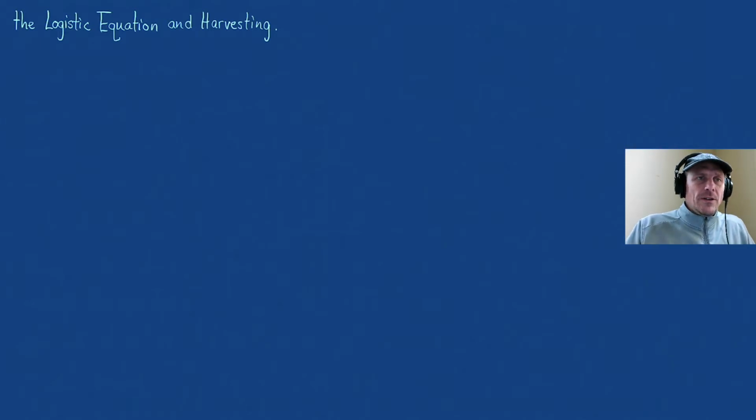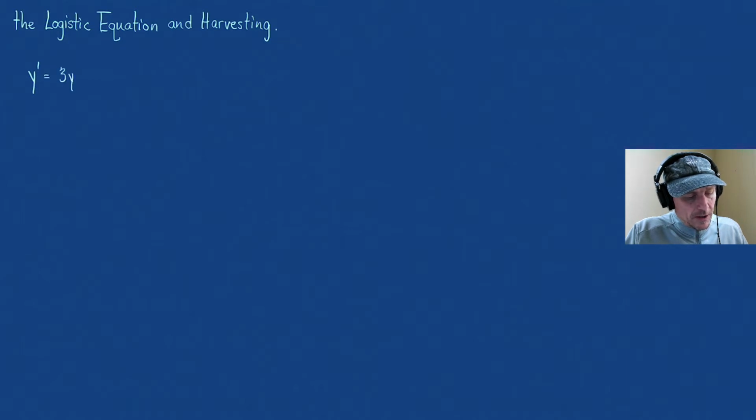The logistic equation is actually often used as a representation for the way a population grows and declines in an environment. So let's take a look at our problem. We've used this example and we'll use it again. y prime equals 3y minus y squared.